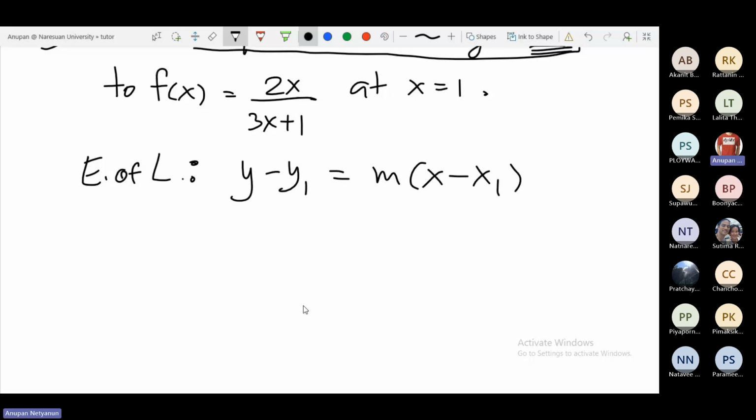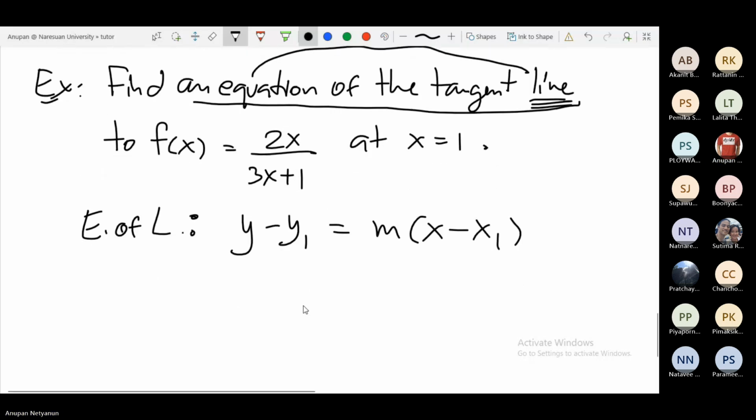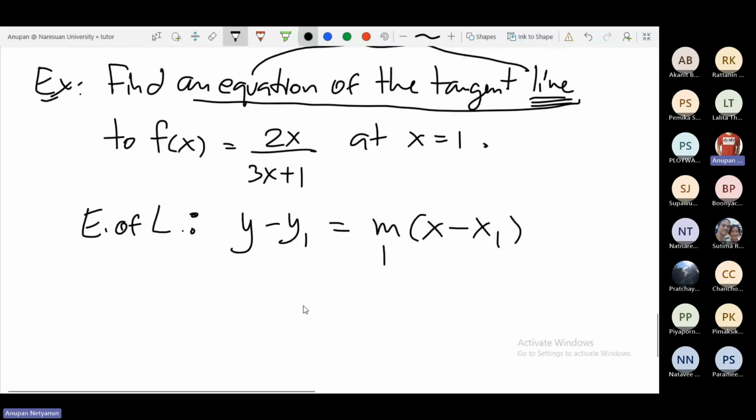This is the general equation of the line, right? Now, we need to find m, right? And we need to find x1, y1 to put in here. Okay, this is information B.